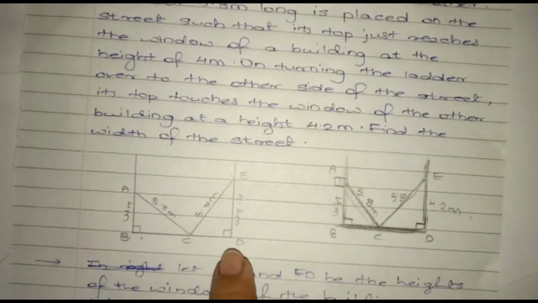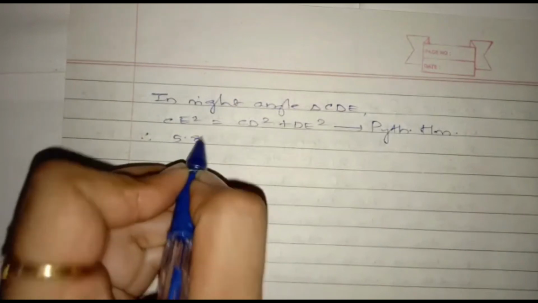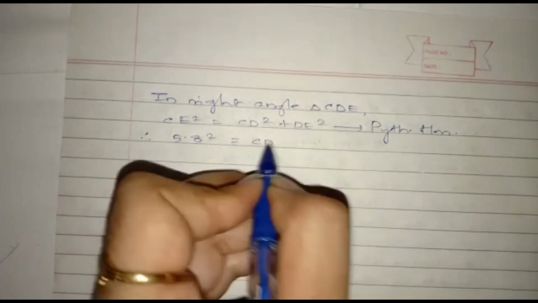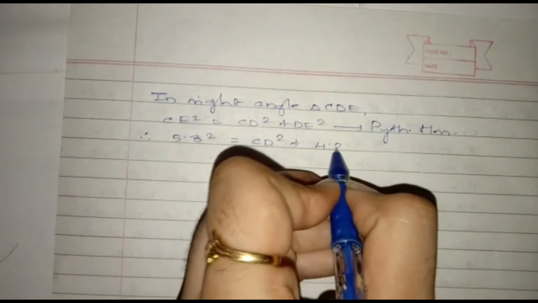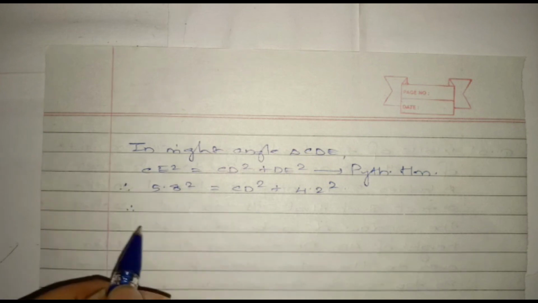CE is 5.8 and DE is 4.2. So 5.8 square is equal to CD square plus 4.2 square.